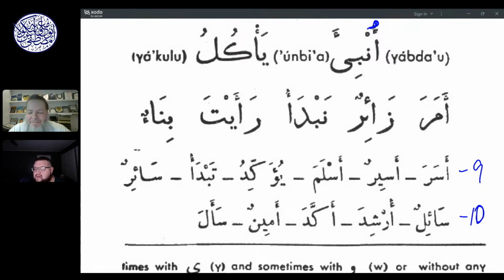Nabda'u. This is a dal. Nabda'u. Yeah. It's a little big, but it's a dal. Ra.